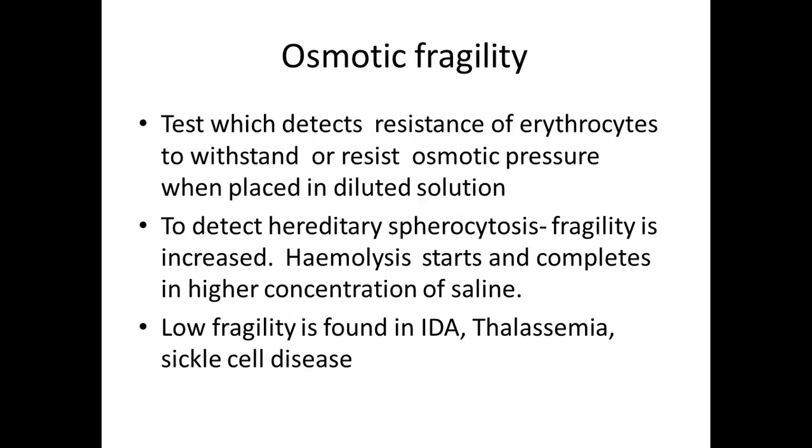As a result, the RBC is easily broken down. There is easy hemolysis, and as a result, the patient has anemia. So, how to identify this disease? This disease is identified with the help of the osmotic fragility test. What is osmotic fragility? It is the resistance of erythrocytes to withstand osmotic pressure. If the RBCs are placed in diluted solution, RBCs should resist.